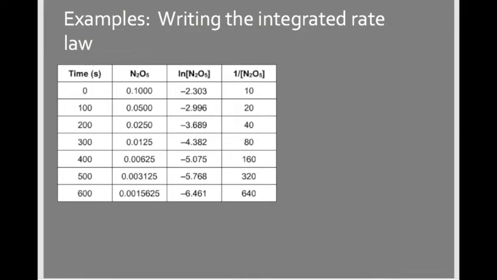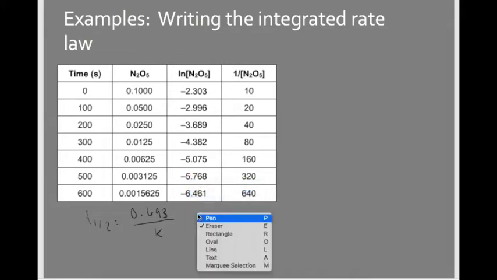And remember, we have this handy equation for the half-life of a first order reaction. For a first order reaction, the half-life is equal to 0.693 over K. So I can actually figure out what K is right now. I know that my half-life is 100 seconds.